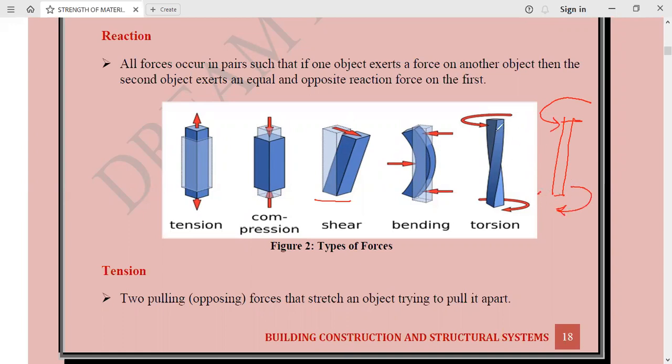And the element has twisted due to the torsion. So this is called torsion.